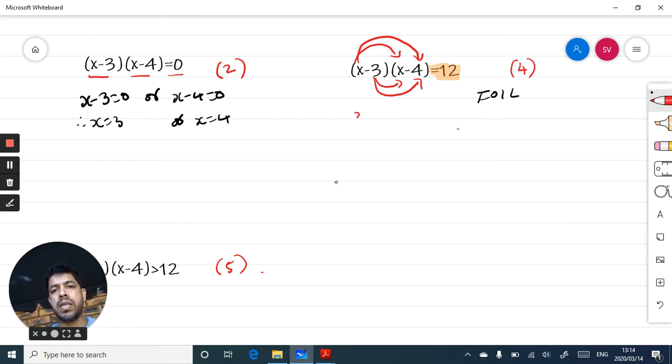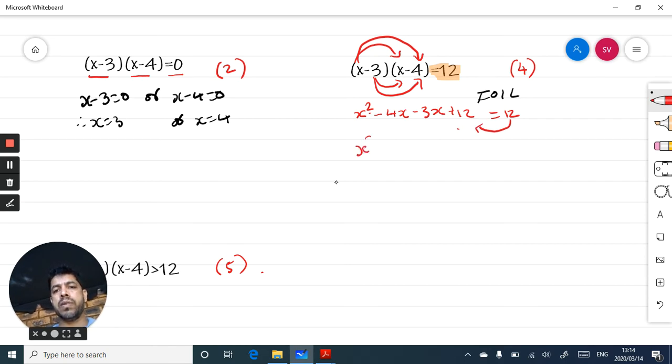So x times x is x squared, x times negative 4 is negative 4x, minus 3 times x is minus 3x, negative 3 times negative 4 is going to be positive 12, equals 12.